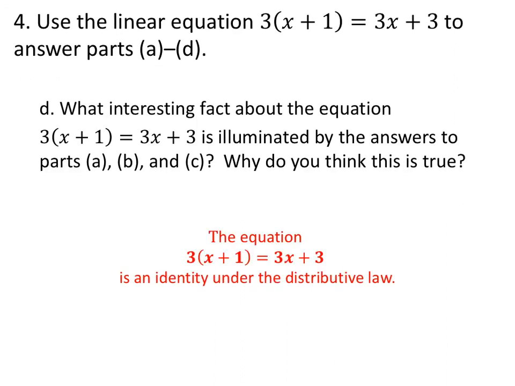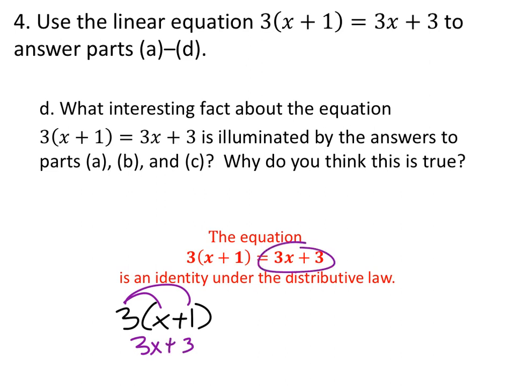It is because of the equation 3 times (x plus 1) equals 3x plus 3. If we were to use distribution on that 3 times (x plus 1), we get 3 times x, which is 3x, and then 3 times 1, which is positive 3. It's the same thing that's on the right side of that equal sign. So it's the same equation that we're comparing both times.